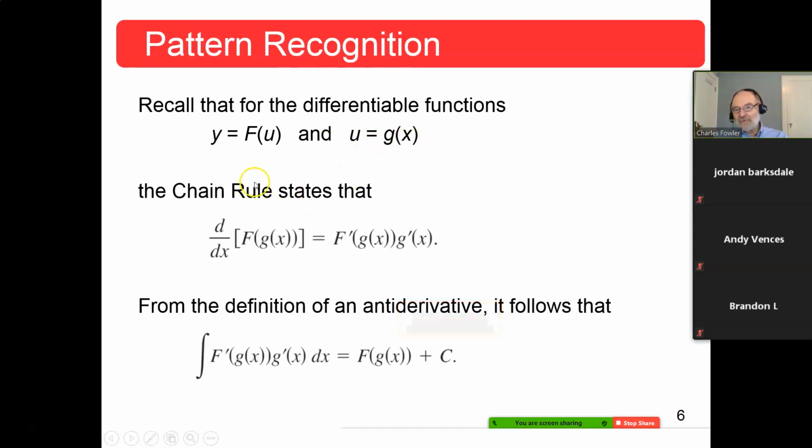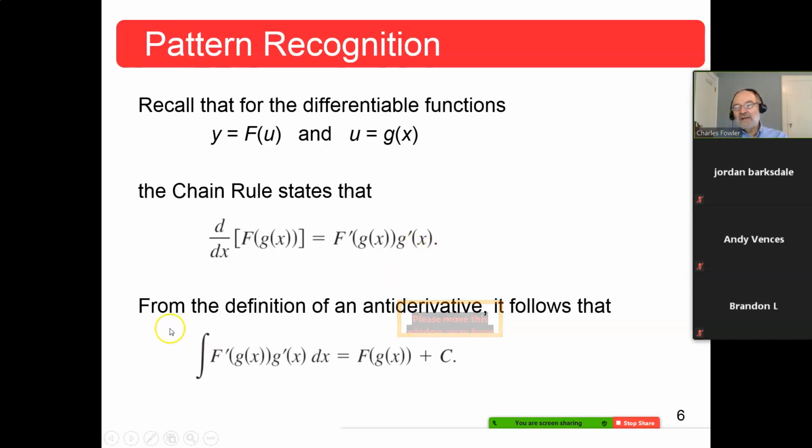By the chain rule, if you were taking the derivative with respect to x of this, we would first take the derivative of f at g of x, because that's what u is, and then take the derivative of the inner part, the derivative of g of x. That's what we did with the chain rule, a review from Cal 1.